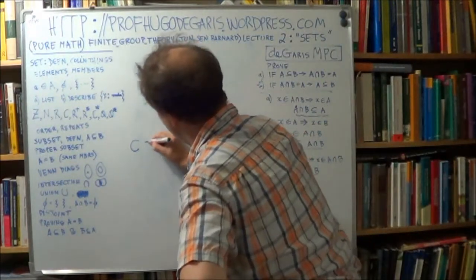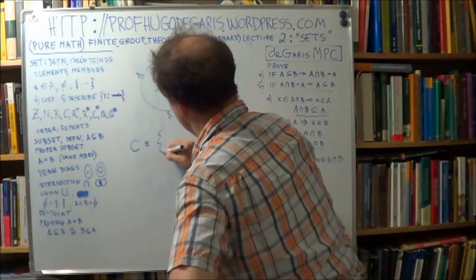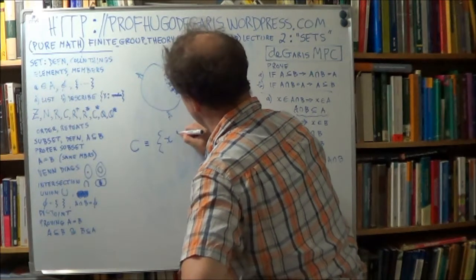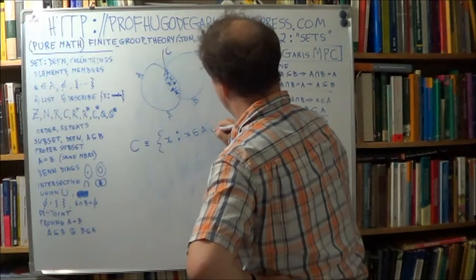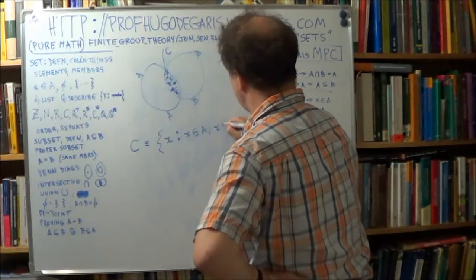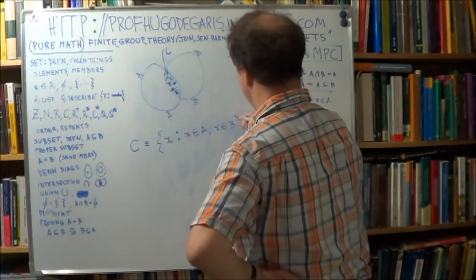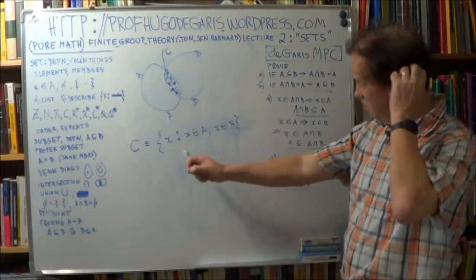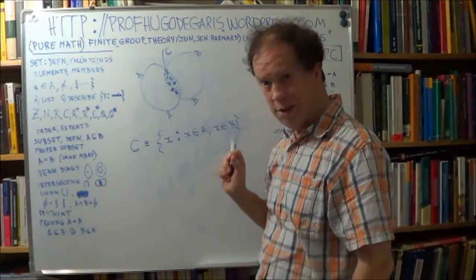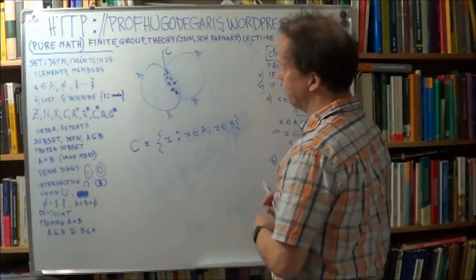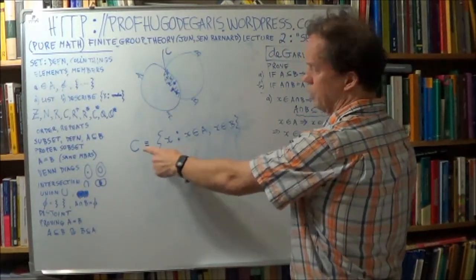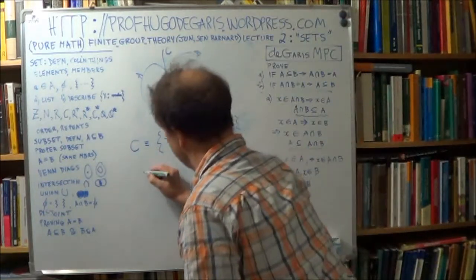So C is the set of elements, let's say X, such that X belongs to A and X also belongs to B. Right? So we're specifying the set using a description in this case. Okay?